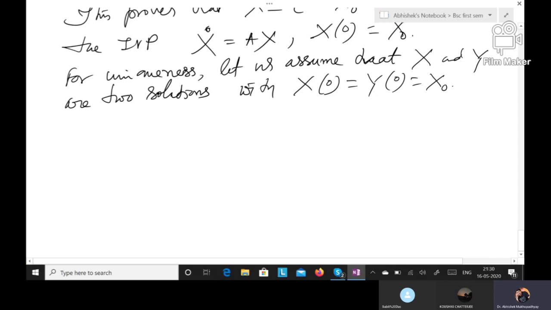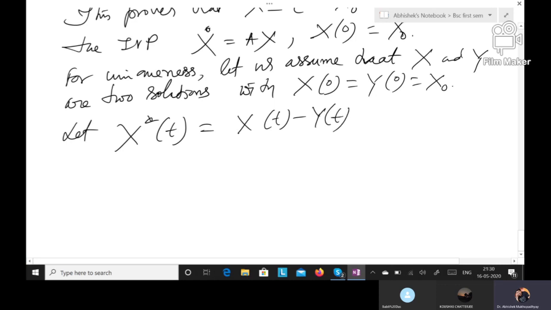This is the initial condition for both these solutions. And let X star t be X(t) minus Y(t). Just take the difference of two solutions.